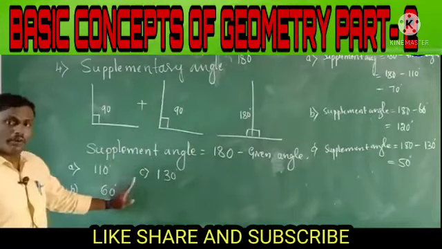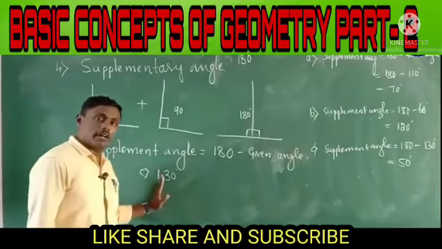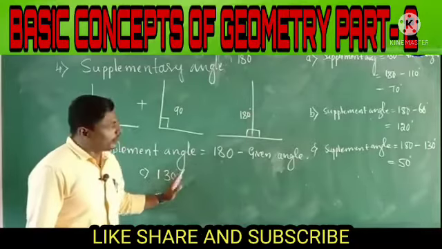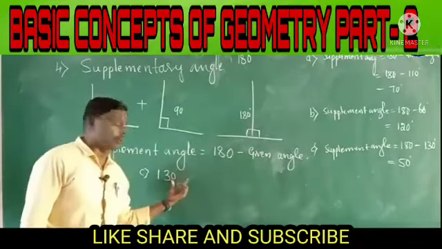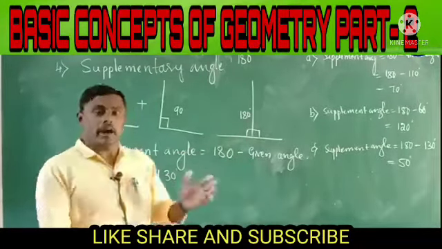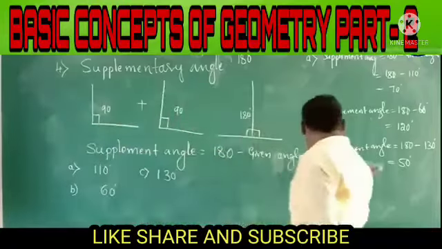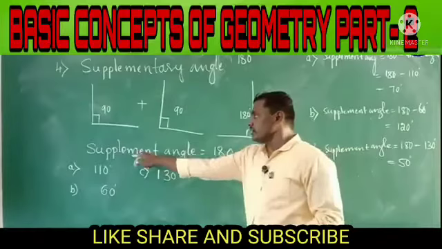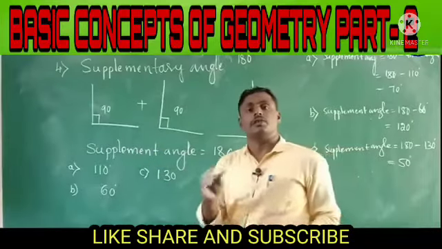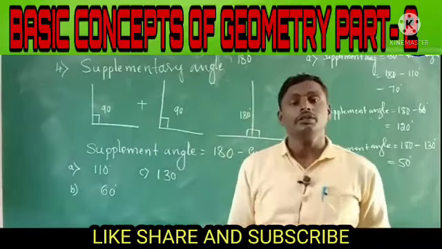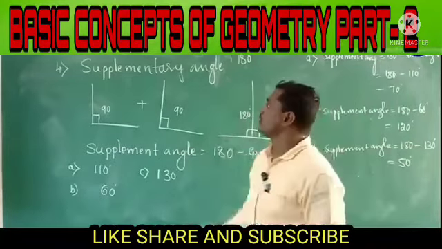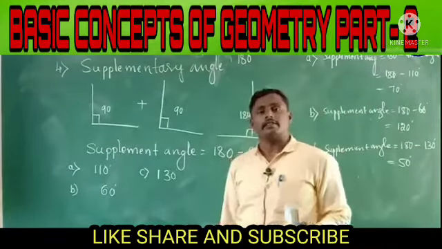For second one, 120 degree. For third one, 130 degree is the given angle. One more angle, supplement, 50 degree. By adding these two angles, 50 degree and 130 degree, we get a supplement angle which is exactly equal to 180 degree, right? So this is all about the supplementary angles.